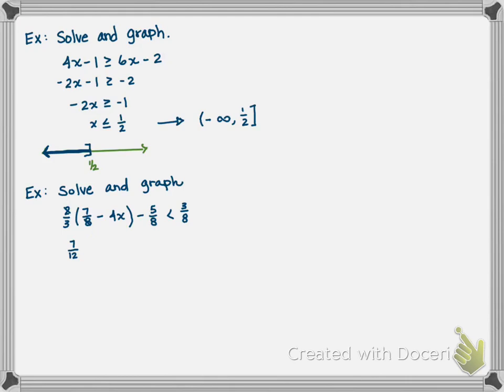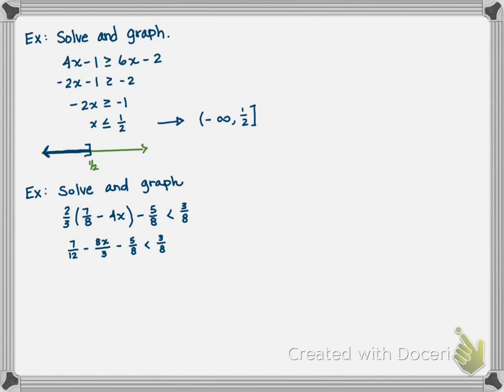I don't particularly like that notation, but that's what's happening. And then remember that any whole number is just over 1. So 4x times 2/3 is just 4x times 2 over 3 times 1. So this is going to be 8x over 3. And then minus 5/8 is less than 3/8.